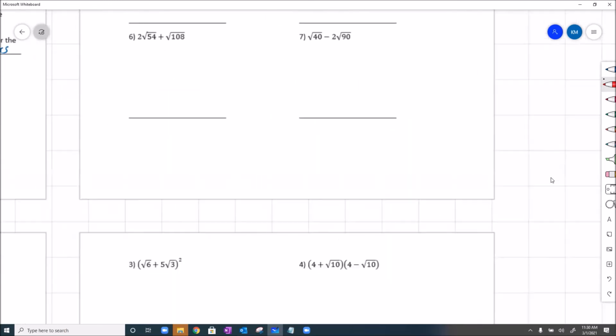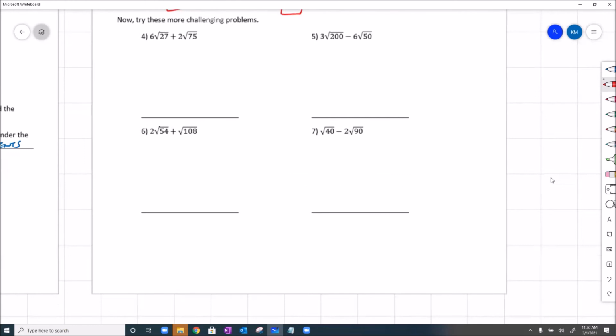Let's look at a few more challenging problems here. So we have 6 radical 27 plus 2 radical 75. Here, the rules and concepts stay the same, but now we're just dealing with bigger numbers, numbers on the outside, things we have to remember as we evaluate our problem. So 6 radical 27, I'm breaking this down. This is 9 and 3, 3 and 3.